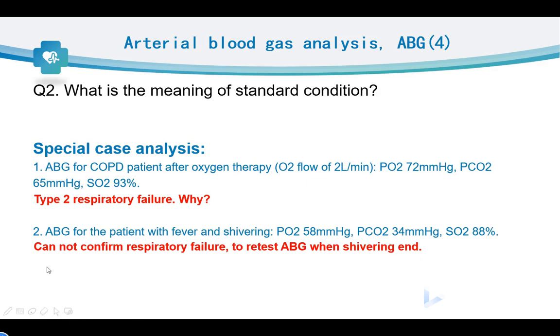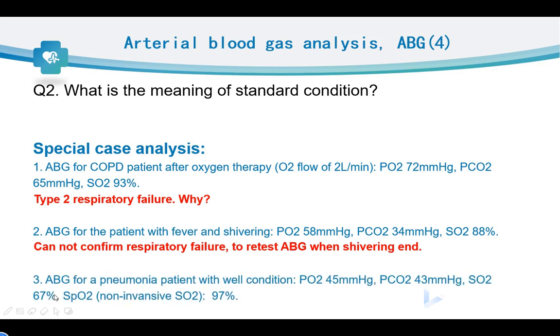That's the second case. And think about the third case. Here is a pneumonia patient in well condition, with no dyspnea, and the partial pressure of carbon dioxide is 43 mmHg.